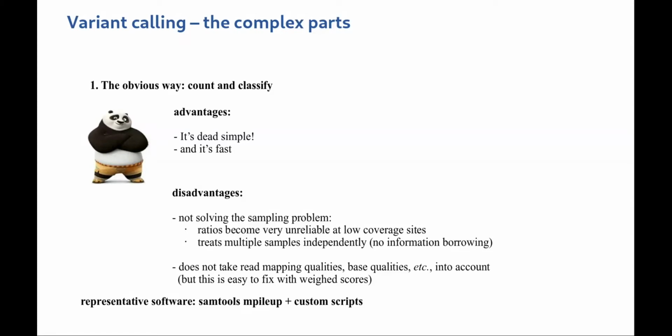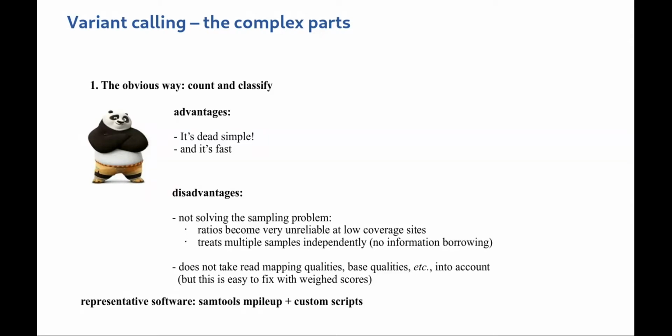So first of all, we discussed the sampling problem before, and what we're doing here is not solving this problem, because of course the ratios of variant alleles versus reference alleles that we're relying on in this thresholding approach, those ratios become very unreliable at low coverage sites. Ratios change quickly if the numbers that give those ratios are small.